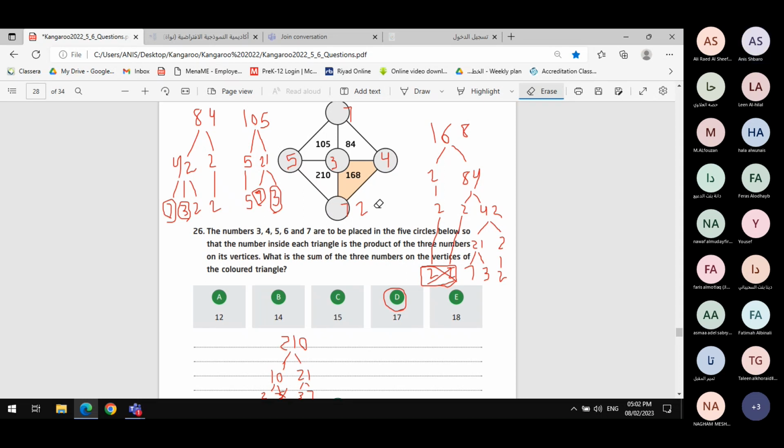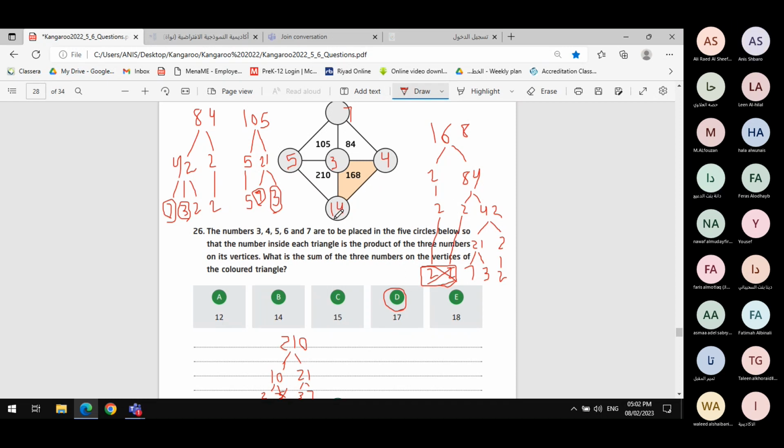which equals 14. So 14 times 4 is 56, times the 3, which is 168.